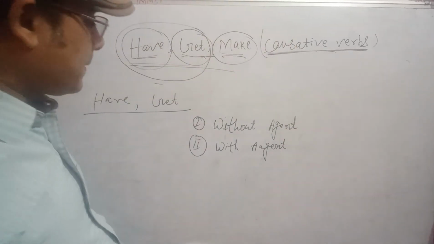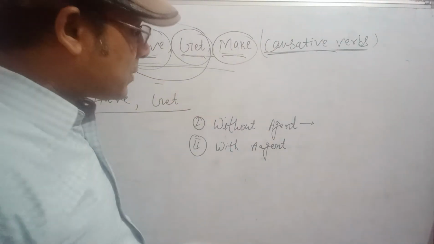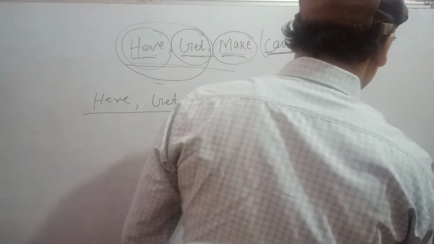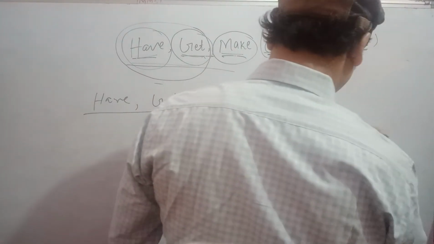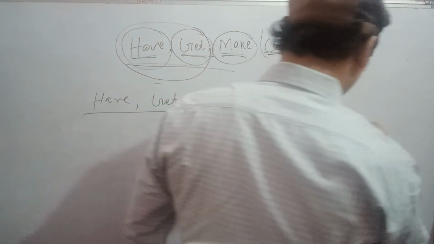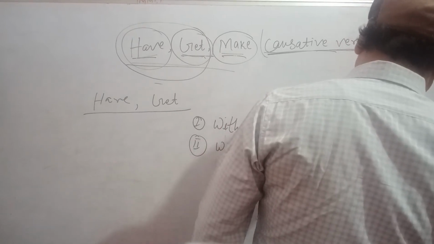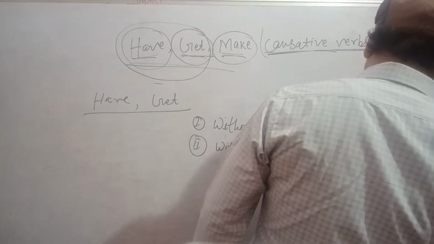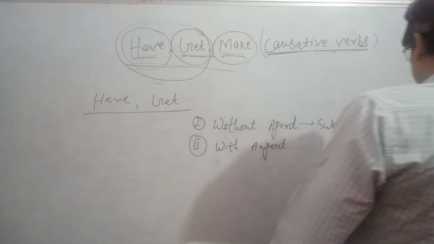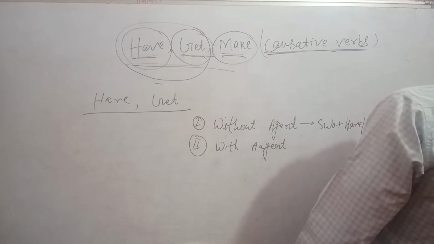My dear students, without agent, the structure is subject plus have or get plus object plus V3.